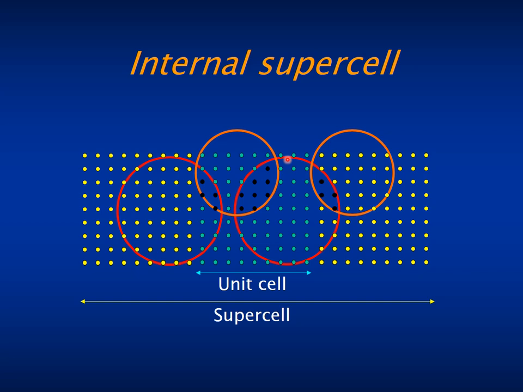If only the so-called gamma point, so k equals 0, is involved, then the phase of the wave function in different repetitions of the unit cell will be the same, and we can simply add the integral over the different overlap regions.